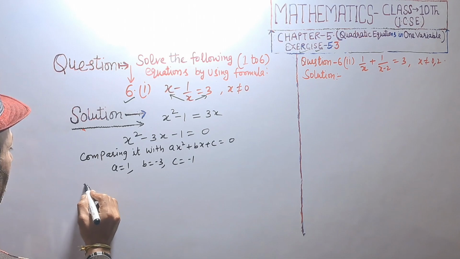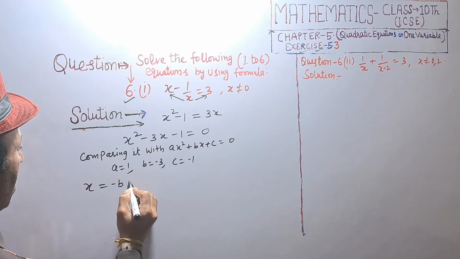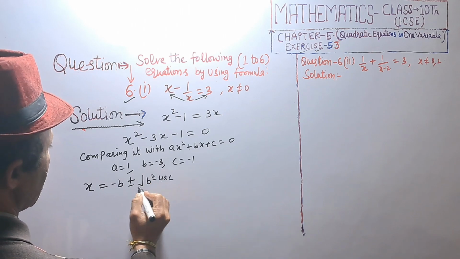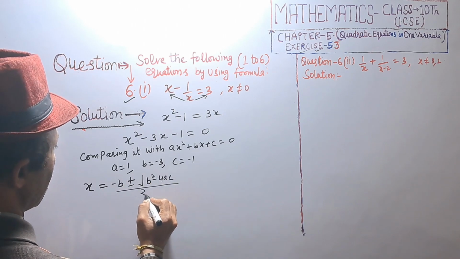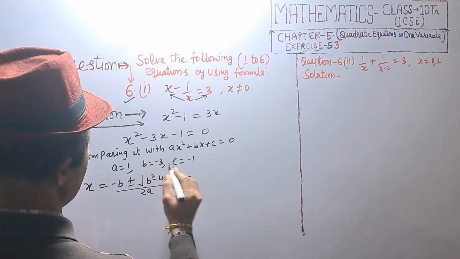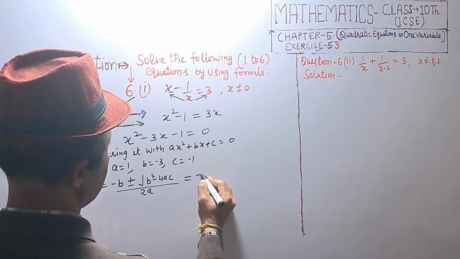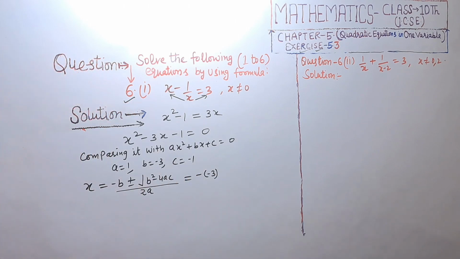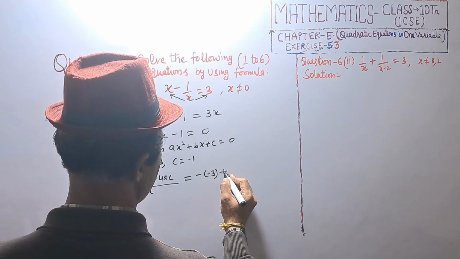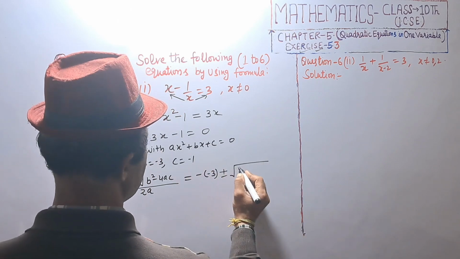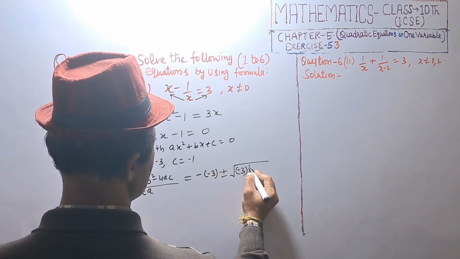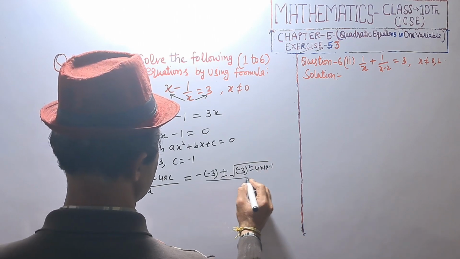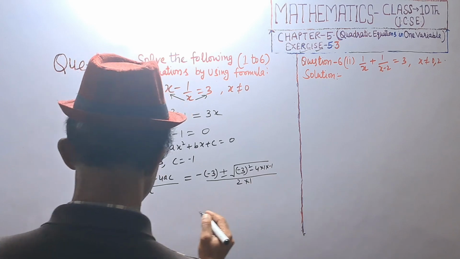Using the formula, x is equal to minus b plus minus root b square minus 4ac upon 2a. That is equal to minus b, b is minus 3, plus minus root b square, that is minus 3 square minus 4 into 1 into minus 1, divided by 2 into 1.